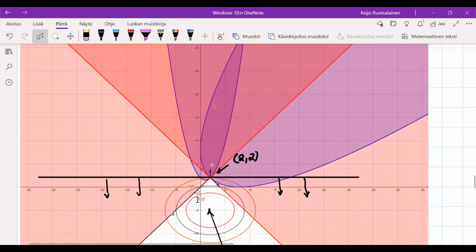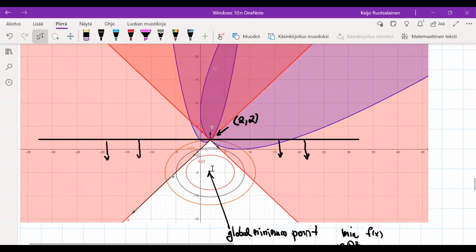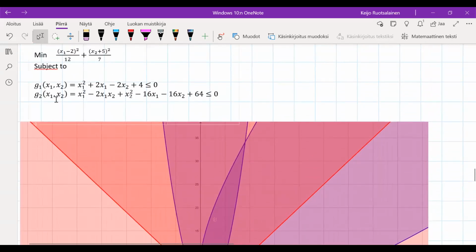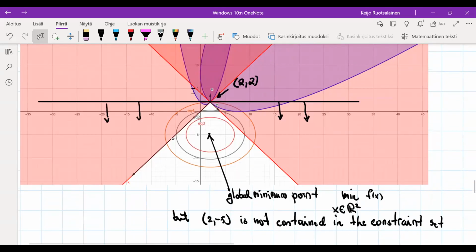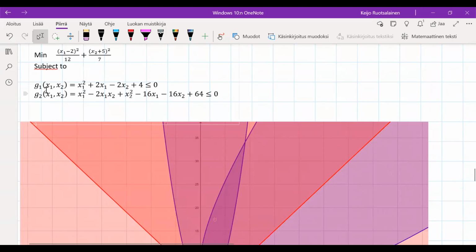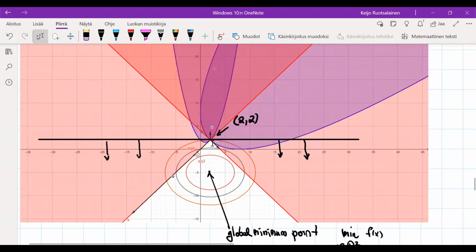It cannot be seen here, it's W and V. W is the gradient of the function G2 here. And V is the gradient of the function G1 at the point 2, 2.